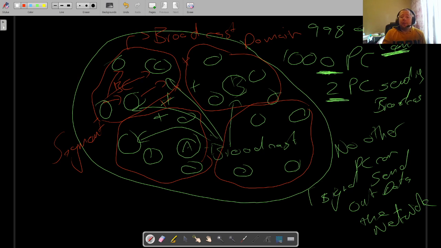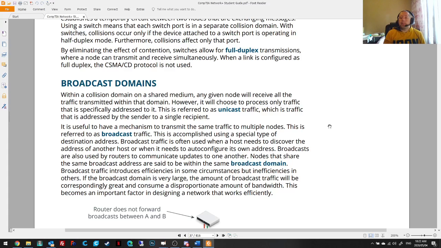Another way you can think of it is the internet. There are billions of people connected to the internet at the exact same time. So if we didn't have separate broadcast domains, one person sending data to another person would mean the rest of the internet will not be able to send or receive data.